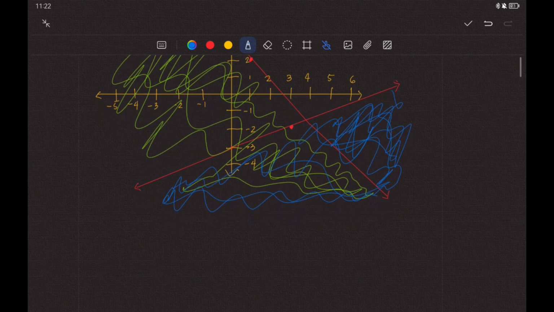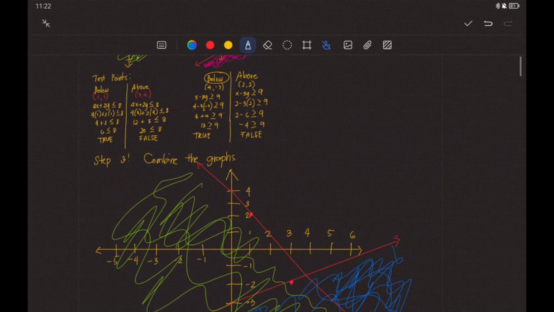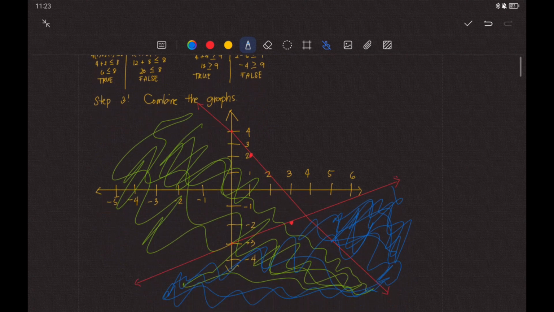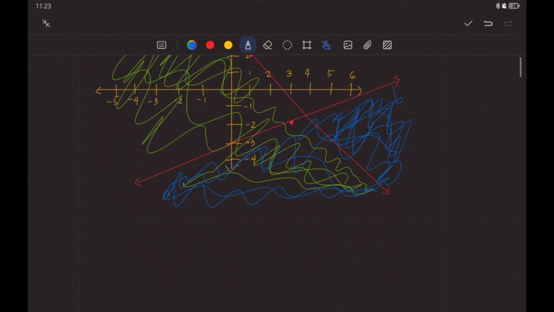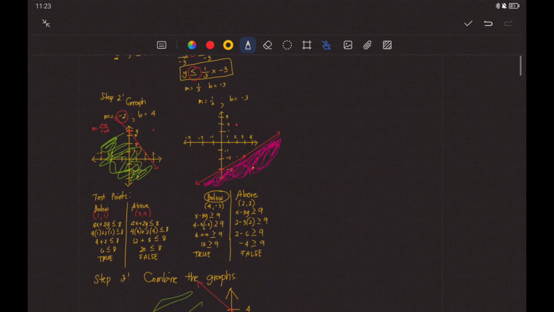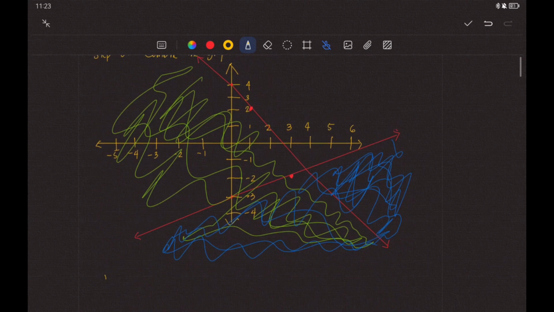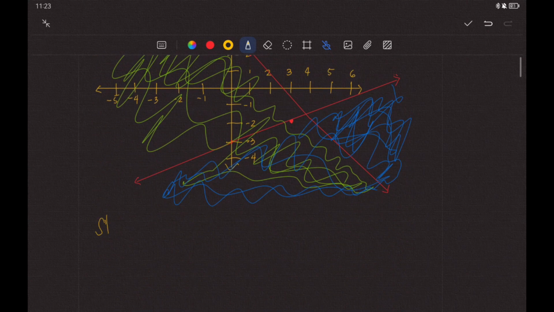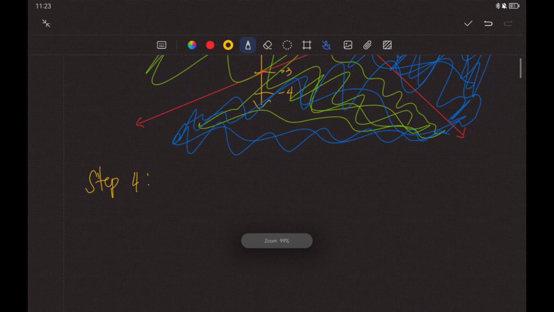Okay, now for the last step, we are going to check if the shaded region is correct. Okay, so we are going to focus on the double shaded region. This is step number 4. Check the double shaded region.